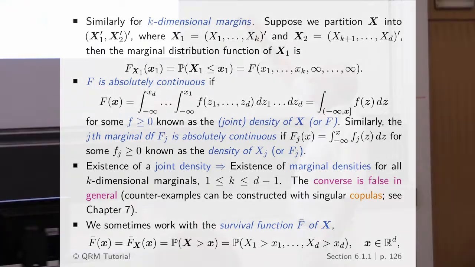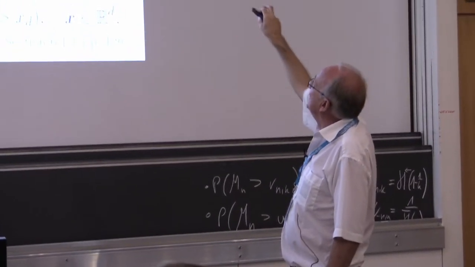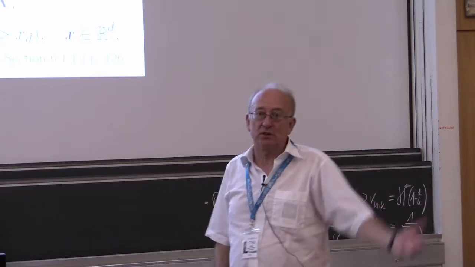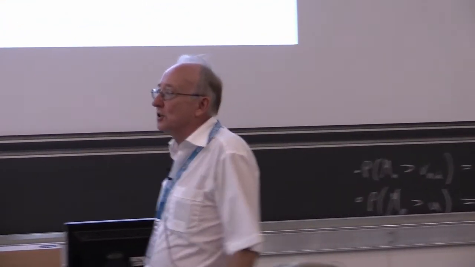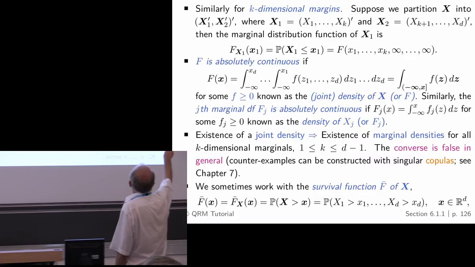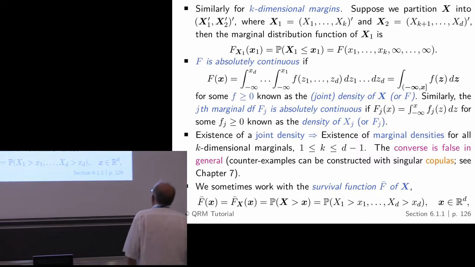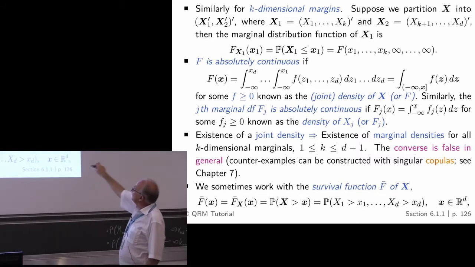If F is absolutely continuous, in particular, if F has a density, you can have a multivariate density. Many models are written, think of the multivariate Gaussian, at the level of the density. So you can work with densities. From the densities, you get the marginal distributions. This you all know. Of course, you know from a joint model, you get the densities.